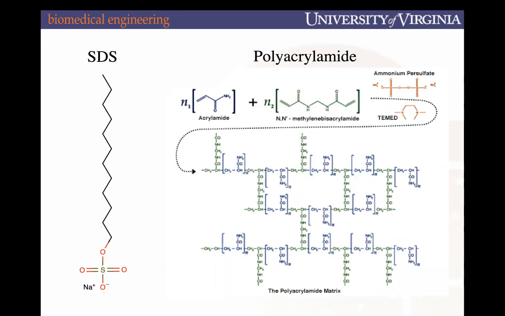However, if you decrease acrylamide concentration, you have a more porous structure, making it easier for large proteins to migrate through. So the key thing to note is that it's important to be mindful of what your acrylamide concentration is when you're making a PAGE gel.